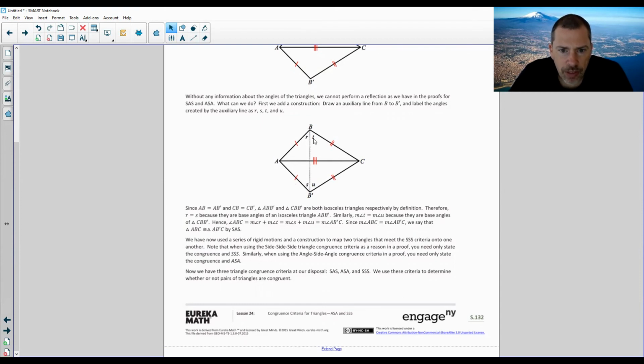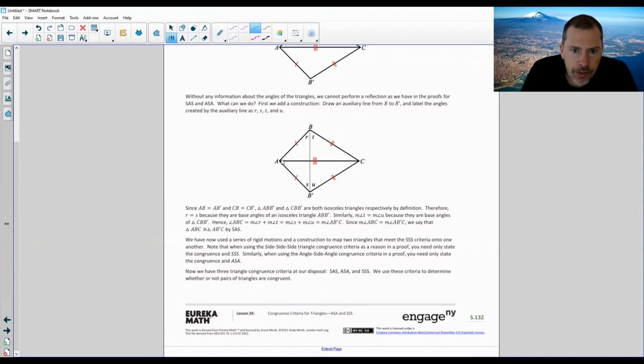Similarly, the measure of angle T is congruent to the measure of angle U because they're base angles of the triangle BCB prime. Hence angle ABC equals the measure of R plus T. So let me draw this.